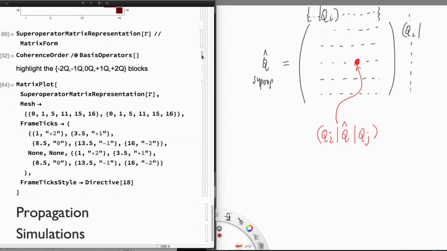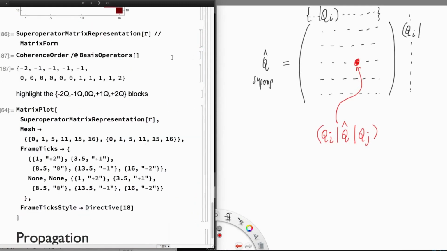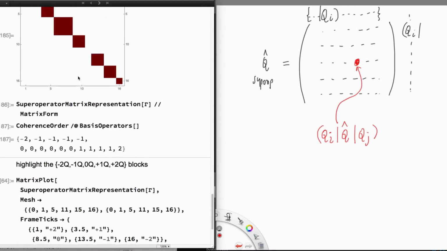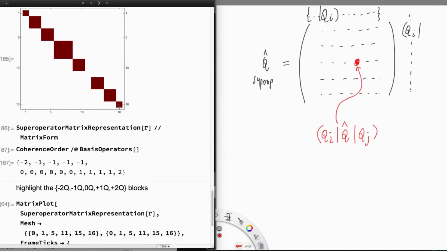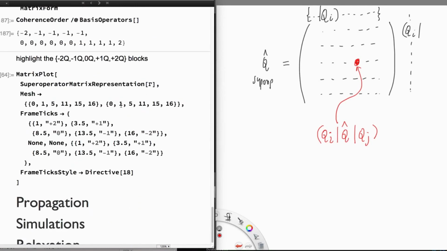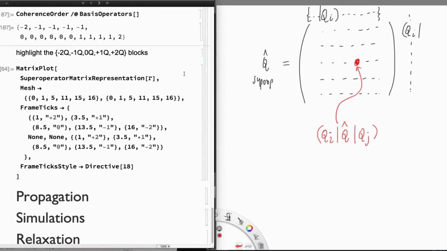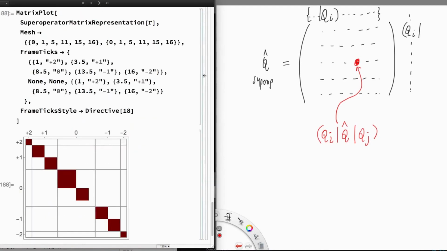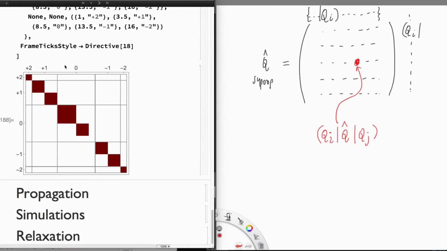So the basis operators here, remember, have been ordered according to coherence order, so this kite structure comes out nicely. And here I've just programmed a Mathematica construction in order to label this a little bit more neatly by meshing out this block structure and labeling it with the coherence orders.